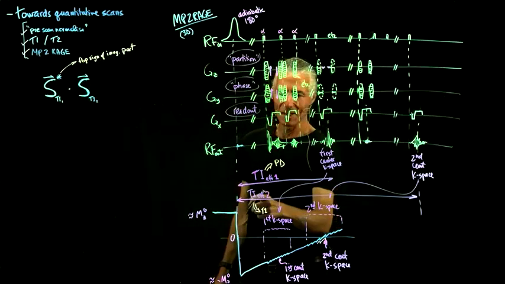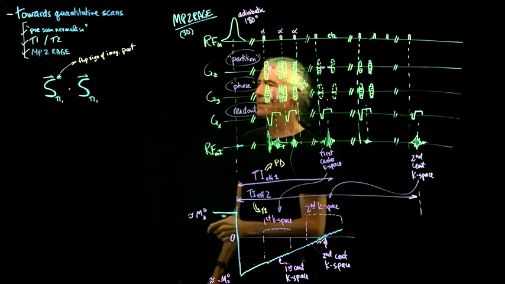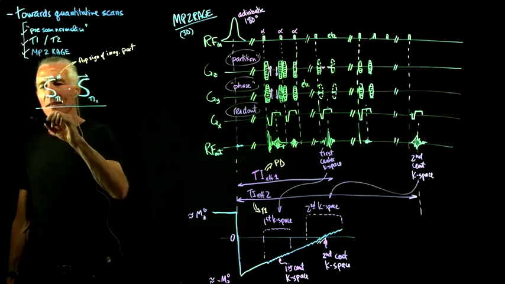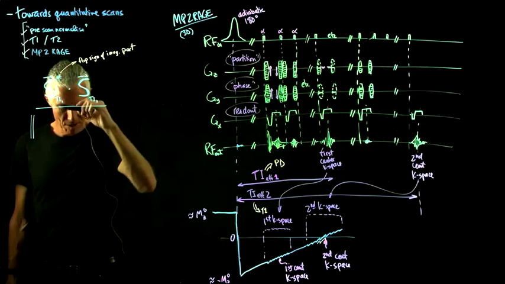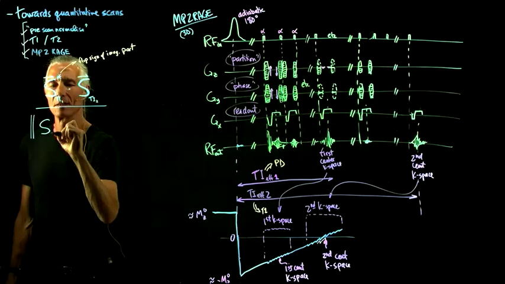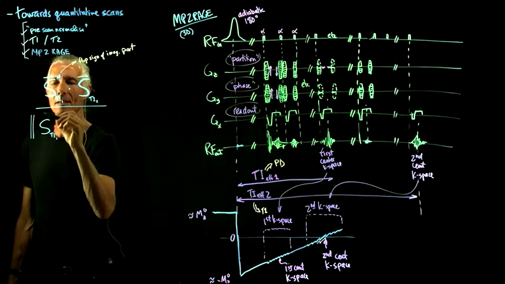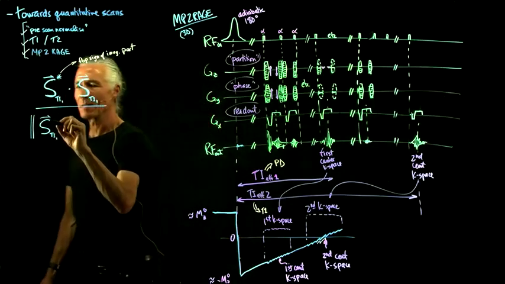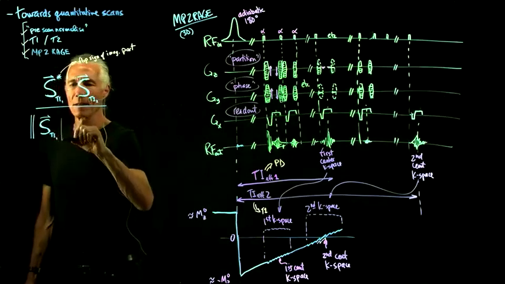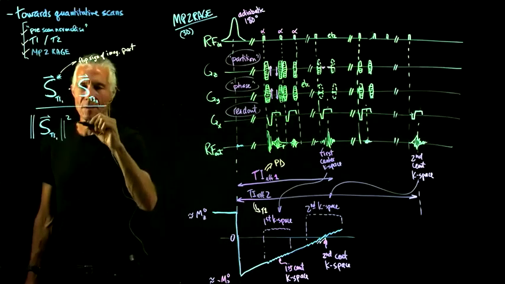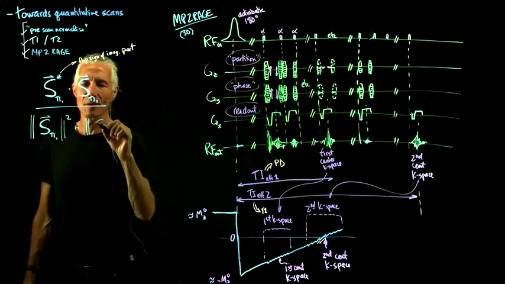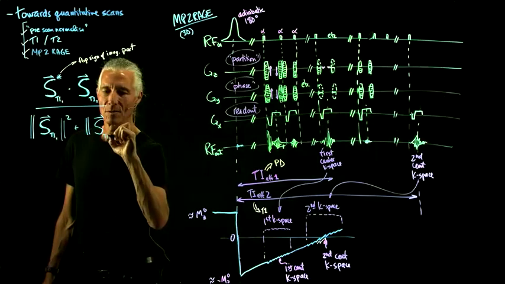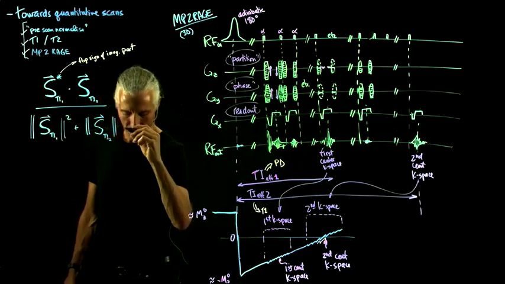These, TI effective 1, TI effective 2. And then divide that by the amplitude of TI1, and I'm putting the vector there to mean it's the complex value, squared, plus the amplitude of the other one, TI2, squared.